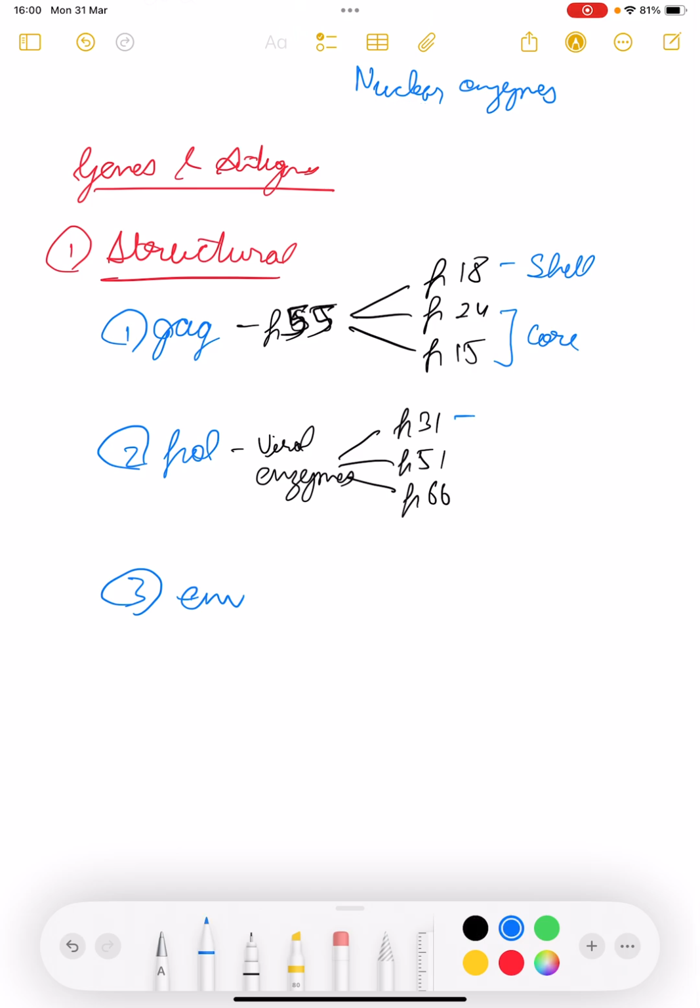The P31 codes for integrase, P51 codes for reverse transcriptase, and P66 codes for protease.